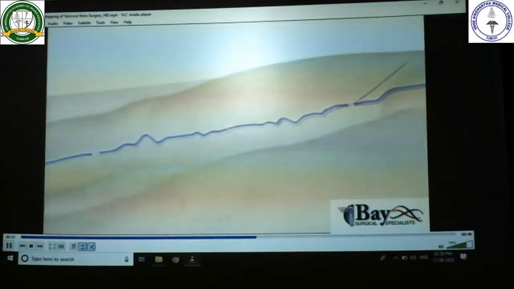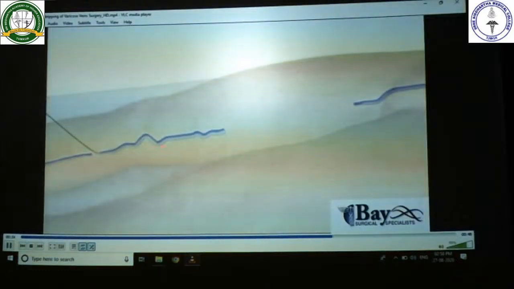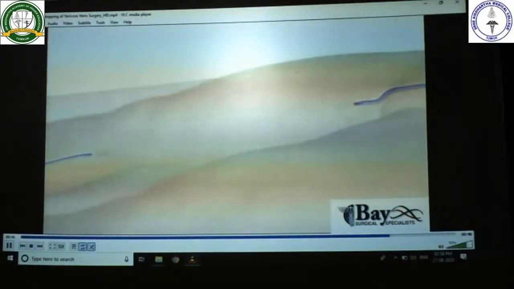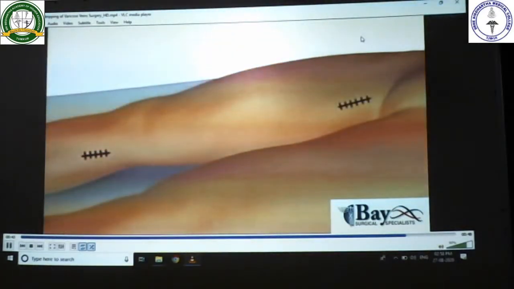The guide wire will come here, then they will fix the mark, and this is called stripping. We will strip the vein, that means we will totally remove the vein. This is called ligation and stripping. This is open surgery. And then after that we will close the operating site.